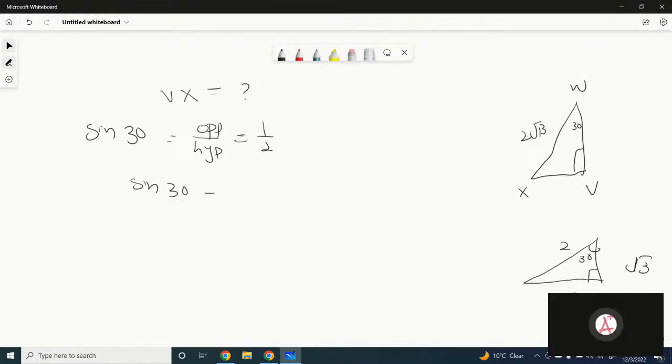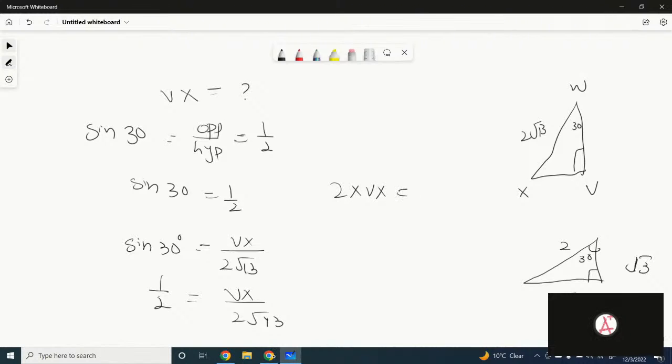Now let's solve the triangle you are given. Now you have to calculate sine 30 for the given triangle. So sine 30 is Vx divided by 2 over square root 13. We know that sine 30 is 1 over 2 for the special triangle. So just do cross multiplication: 2 times Vx equals 2 square root 13.